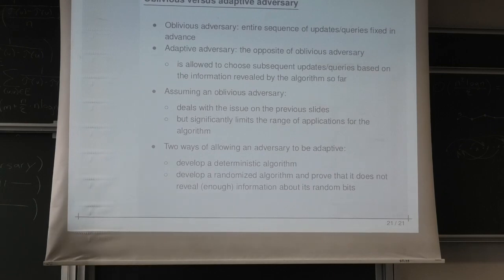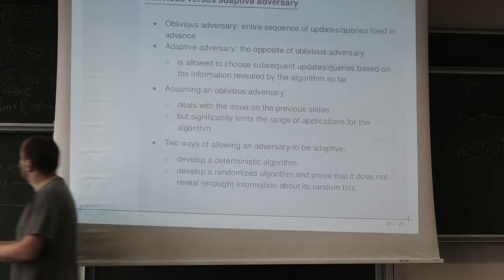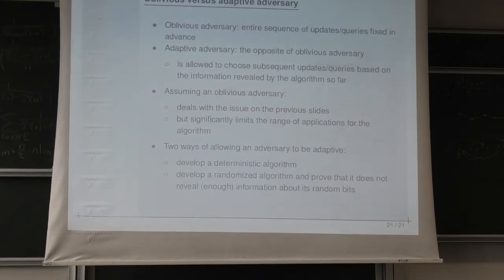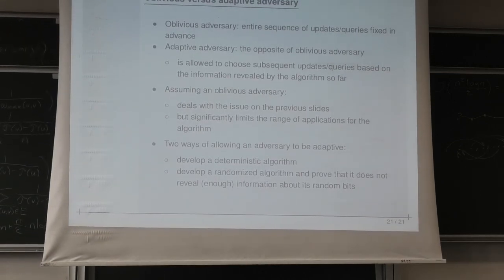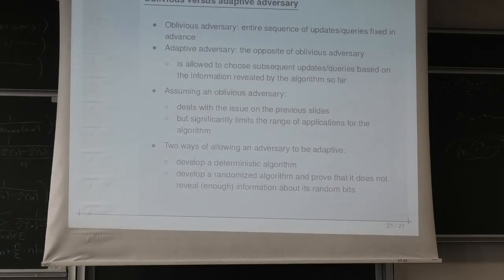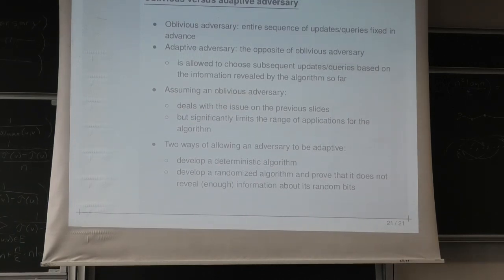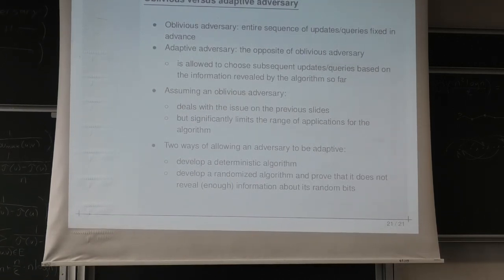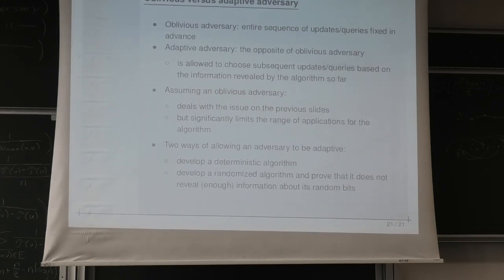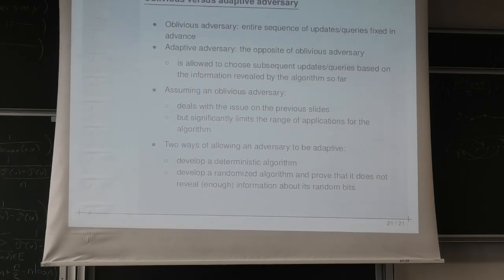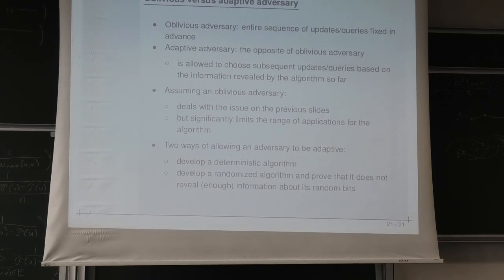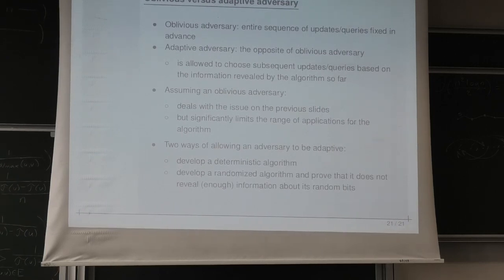Let me just erase this. So if you remember this XOR trick, you had your spanning tree here, and then let's say this edge was deleted. If there was exactly one tree edge crossing this cut, you could use the XOR trick to find it, right? In logarithmic time.